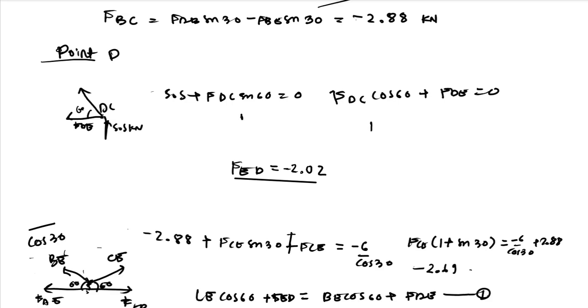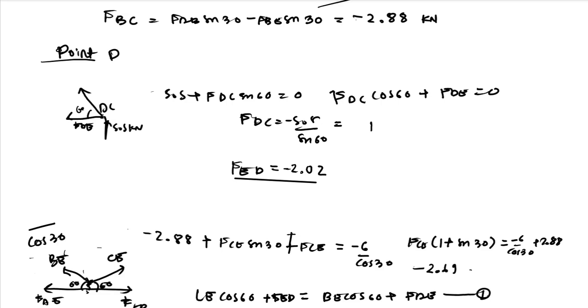So let us just check our value. We have DC as minus 5.5 divided by sin 60. Minus 5.5 divided by sin 60 will give 6.35.